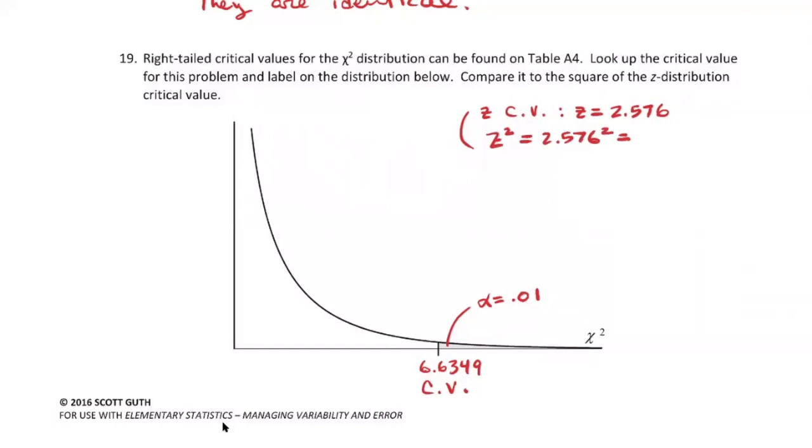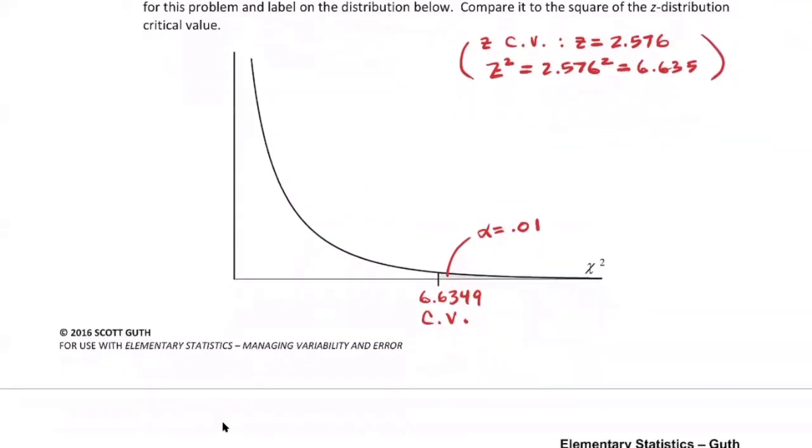This is not as good because of all the rounding. Yeah, I'm going to just say 6.635, to show you that with 3 places after the decimal, that's the same as 6.635 down here with 3 places after the decimal.